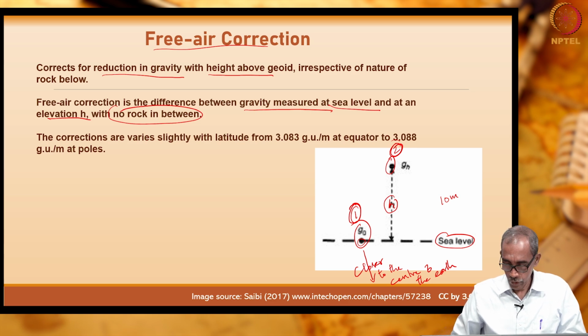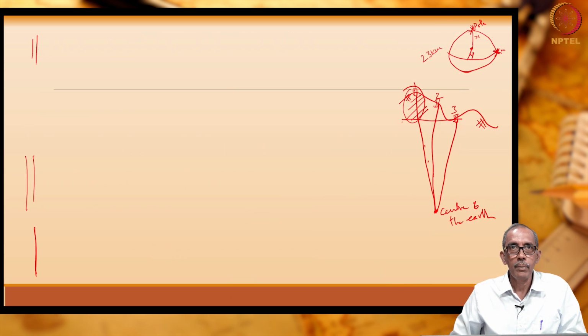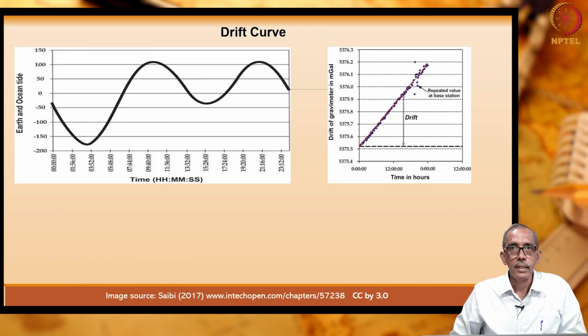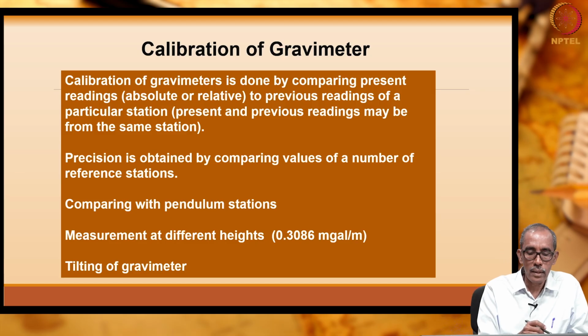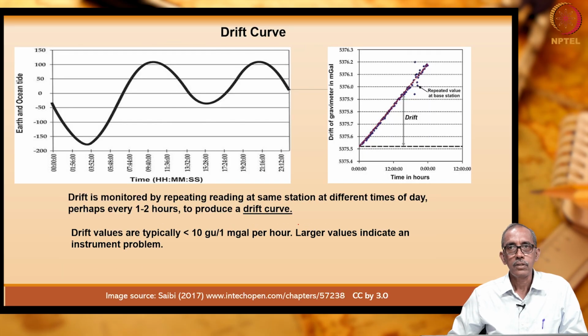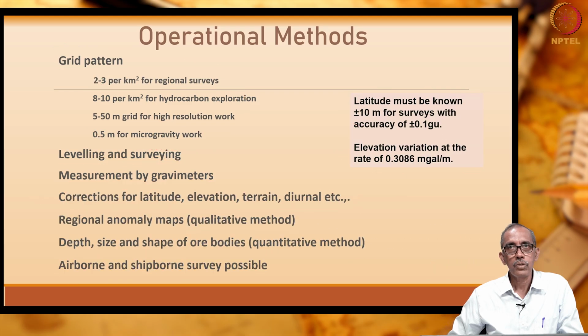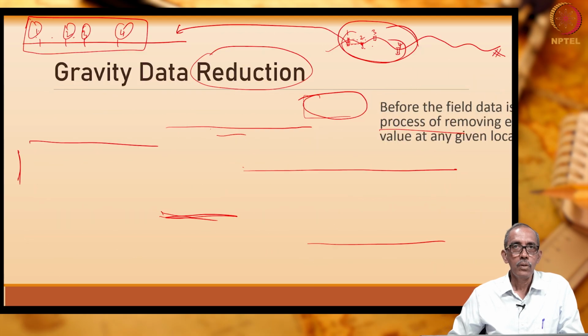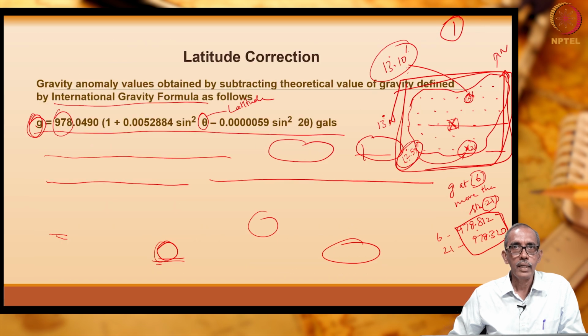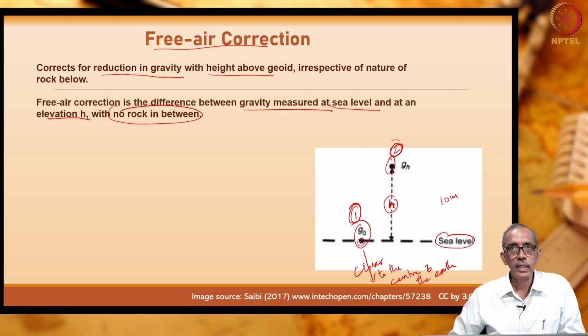I will go back and show you the gravity calibration we had seen previously. In calibration we had seen that one of the methods of carrying out calibration is making measurements at different altitudes. So, it should vary by this much for every meter difference. The same principle we make use of here to overcome the problem of elevation, which we call free air correction.